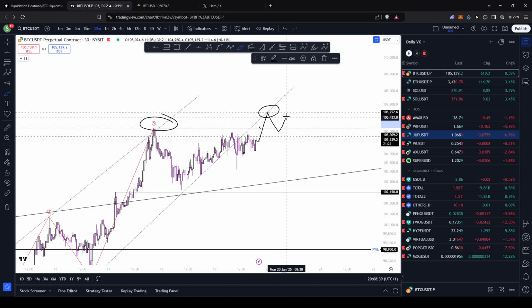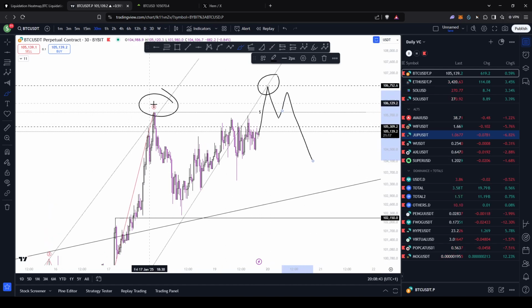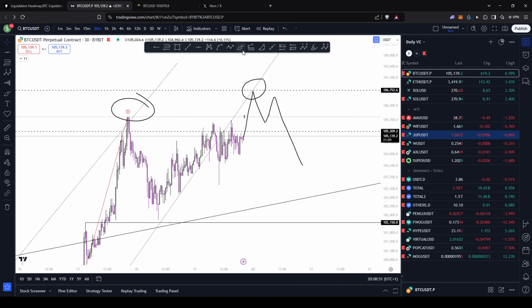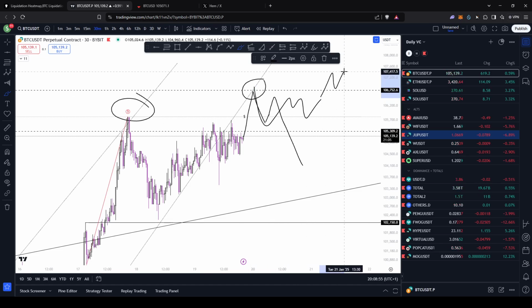SFP that high, and then you never touch that high again. Because if you do come back up and touch that previous high again, this SFP or swing failure pattern would be invalidated, and you're likely just gonna get some more consolidation to then take out the high once again.